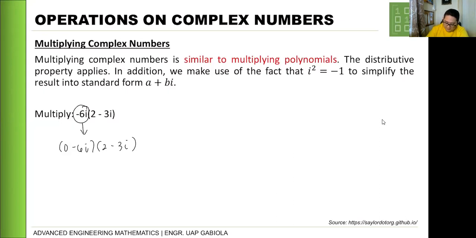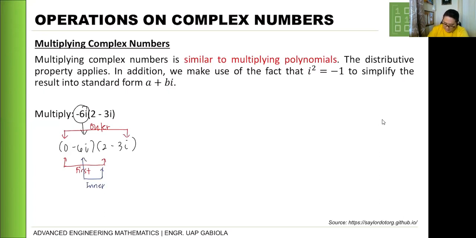Ang FOIL method is yung first multiplied ng first, okay? And then kasunod is outer, multiply natin doon sa outer. And then we have yung inner. Yung ating inner.